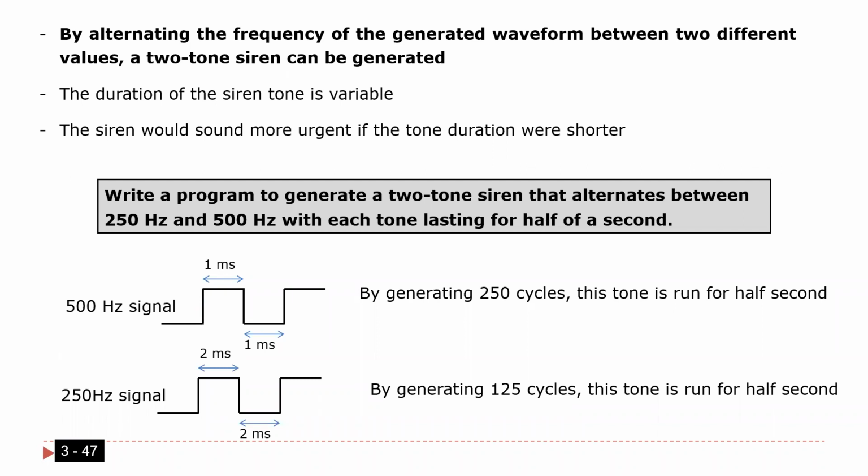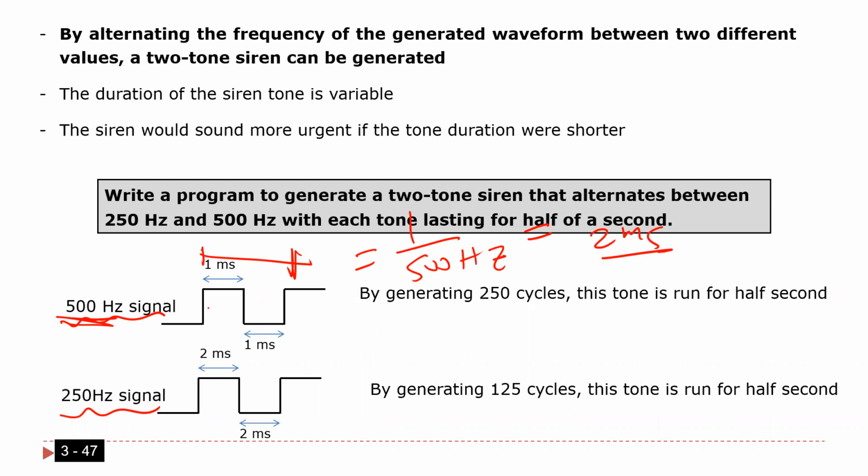For this police siren, as I told you, I'm going to select two frequencies, one 500 hertz and the second one 250 hertz. This is for one tone and the other one for the second tone. If I want to make 500 hertz, that means the period from here to here should equal 1/500 hertz, which equals 2 milliseconds.